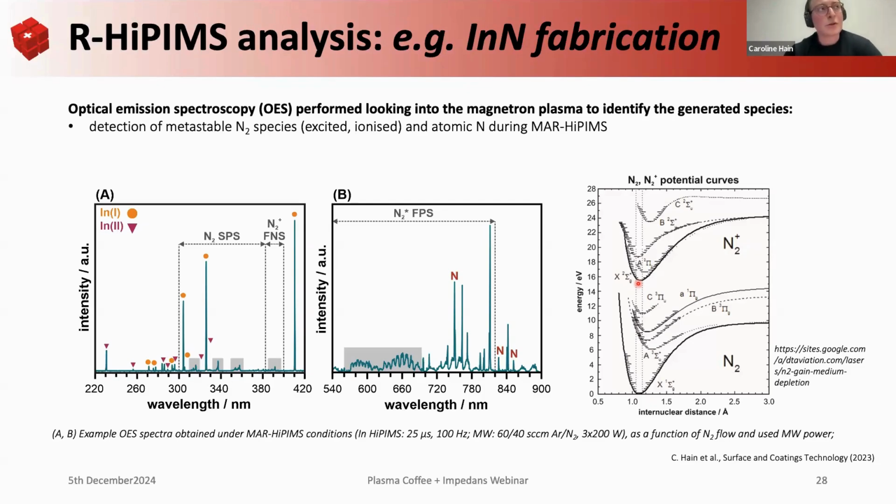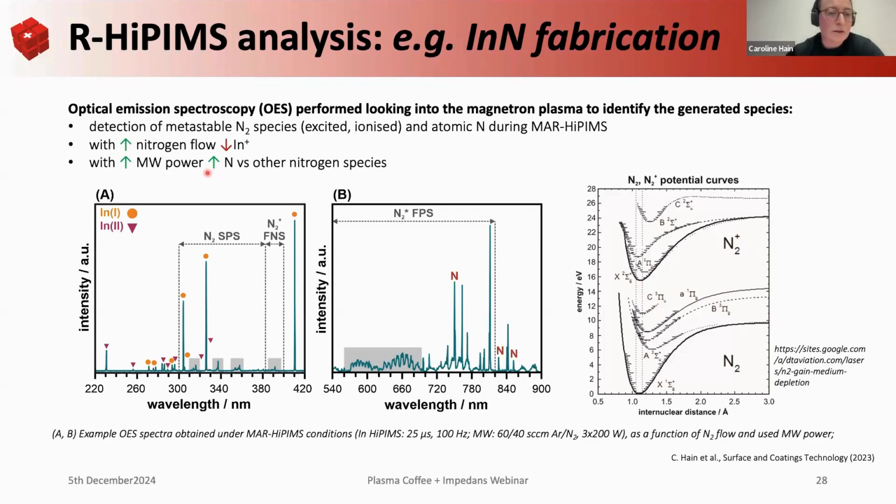So we can get some information about what energies could be inside our chamber at that time. Then, it's very difficult to make OES quantitative, but we can look at it in a qualitative way, so we can establish trends. In our case, we saw that with increased nitrogen flows, we had a drop in the indium ion signal, because the target is getting more poisoned, so we're not developing as many ions.